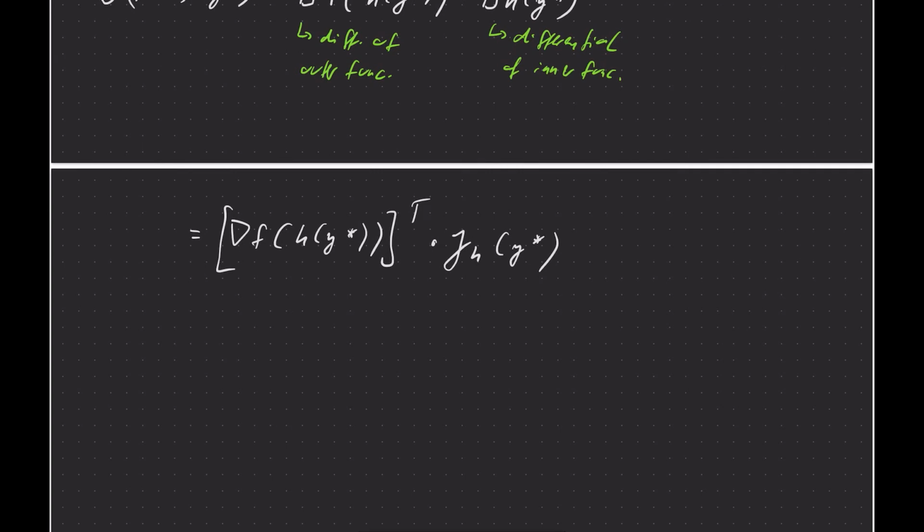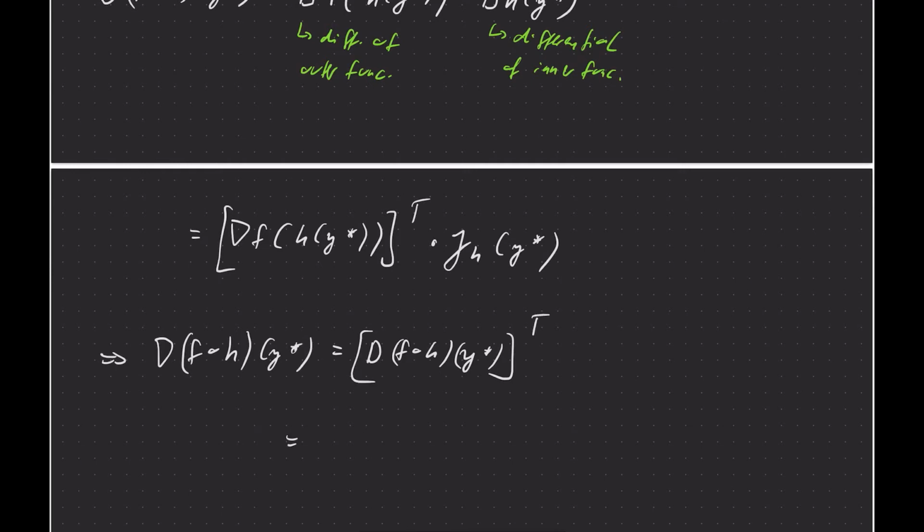Or if you wanted the gradient right away, so if you want to compute the gradient of f after h at y star, then of course you'd have to transpose the differential. So that's d f after h at y star transposed. And that means you have to transpose this expression here.